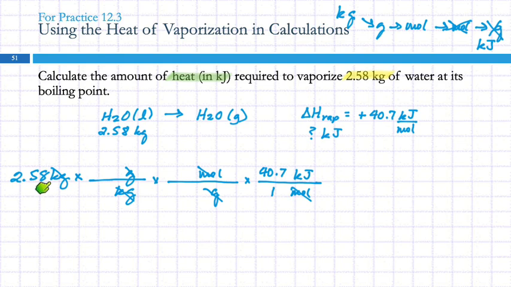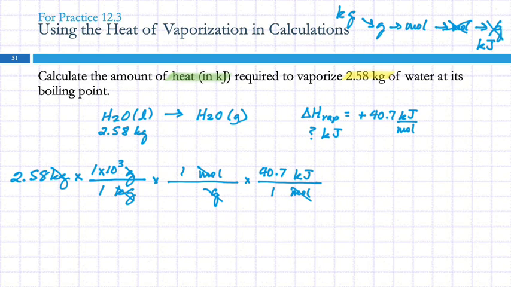How do we convert from kilograms to grams? What does kilo stand for? It stands for 1,000, or 10 to the 3. So in the bottom I have 1 kilogram. On top I'm going to write 1 times 10 to the 3, because that's what kilo stands for. And then how do we convert between moles and grams of water? Molar mass, right?